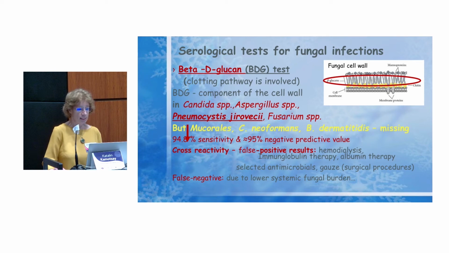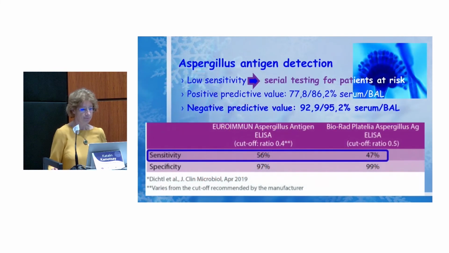But in pneumocystis infections, which were not easy to find, the sensitivity rate and the negative predictive value are very high. So beta-D-glucan has a very important impact on the diagnosis of pneumocystis infection. Sorry, again, the arrow is somewhere else, but the arrow and this were together somehow at home in Budapest. Anyway, there are some, of course, cross-reactivities and false negativity. I don't want to go into the details.